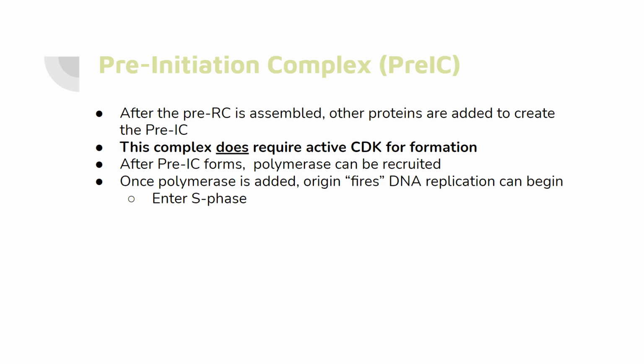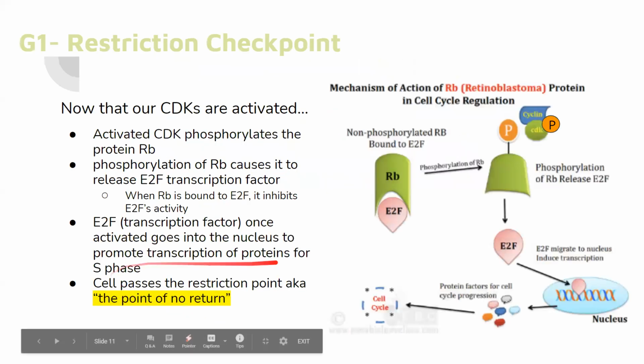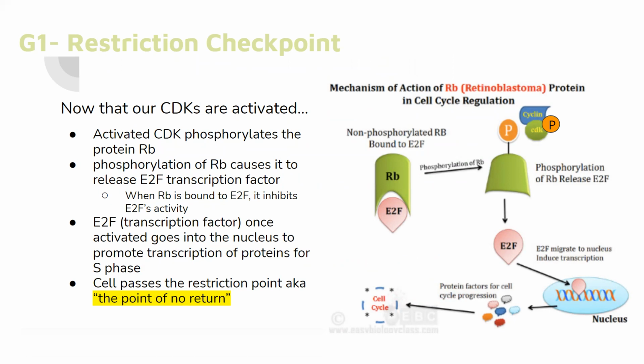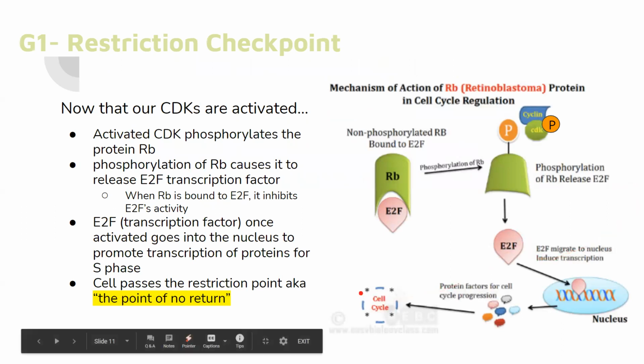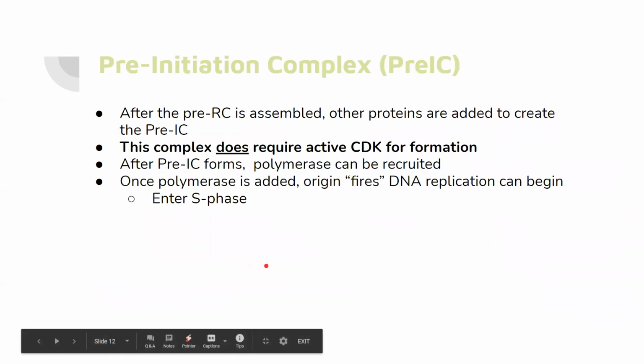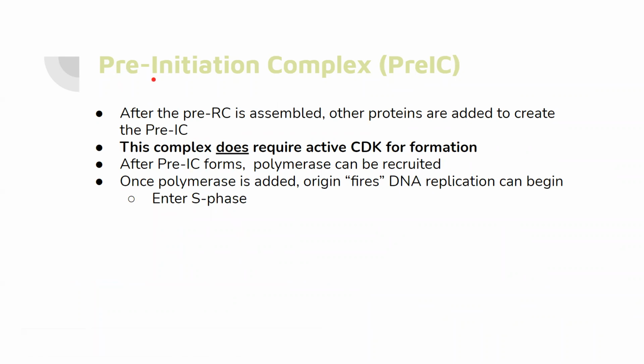After the pre-IC forms, polymerases can be recruited, and once the polymerase is added, DNA replication can begin. This is when we officially enter S phase. So this is the point of no return, this restriction checkpoint. Each cell cycle phase has its own restriction checkpoint, not the specific one, but they each have their own. This one is our initiation of replication, and this is where we enter S phase.